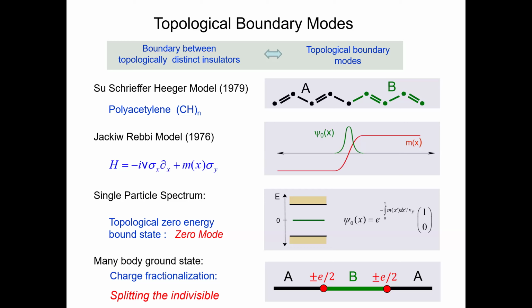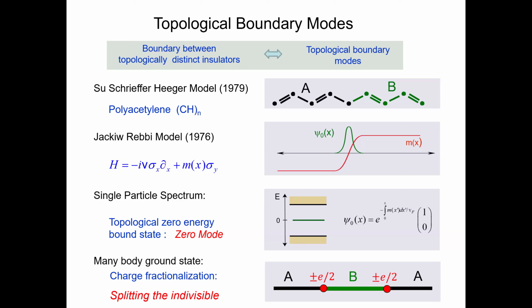Yeah. Okay. So now we have this zero mode, and we can understand it, and it exists all the way from the weak bond limit to the strong bond limit. So this is topological. Now, there's another point I want to make about this, and I can make it about all the topological states that we're going to be talking about: there are two levels that you can think about this phenomenon on.